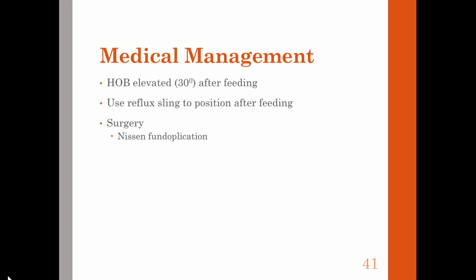So a Nissen, we actually talked about this in the Friday clinical group. So they do this in children and adults. It's typically done with people who have CP or muscular dystrophy. But basically what they do is take the fundus of the stomach and wrap it around the end of the esophagus so that literally you cannot vomit, and the most you can do is gag.